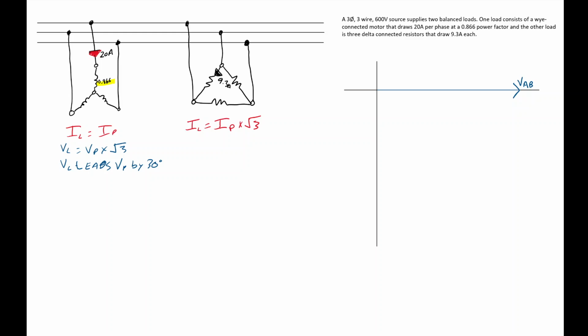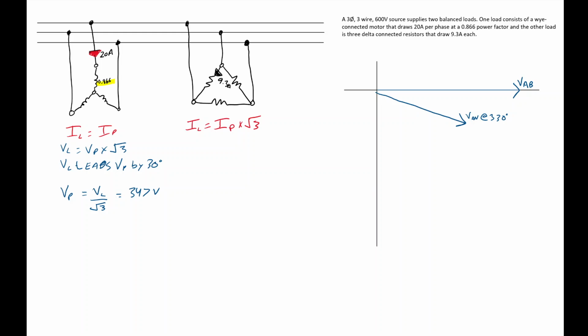Again, I'm writing them down because it's so crucial that we remember those. So in order to get V phase, I'm going to go V line divided by root 3. That gives me 347 volts, and that is a 30-degree lag. So that puts my V A to N again down here at 330 degrees.